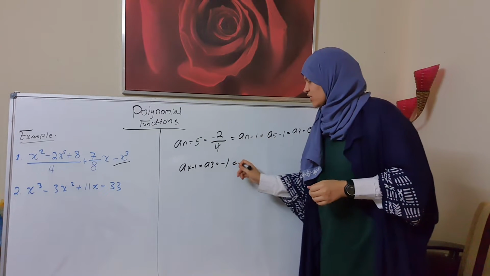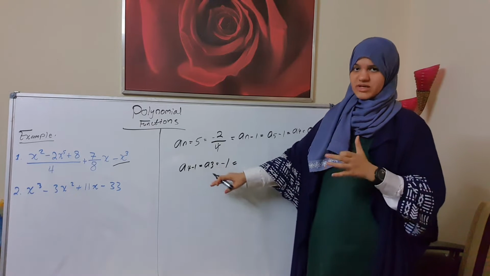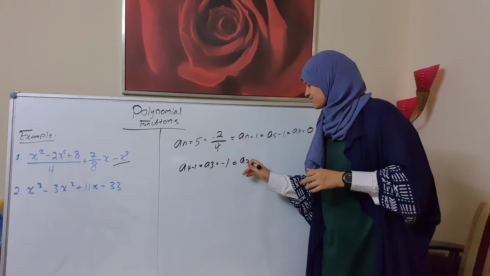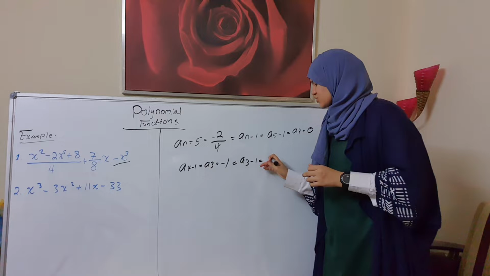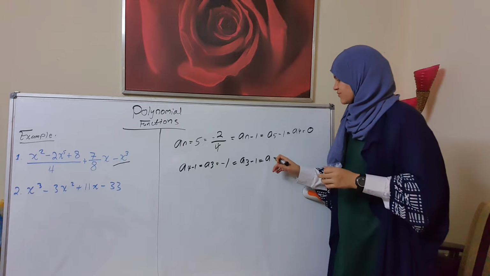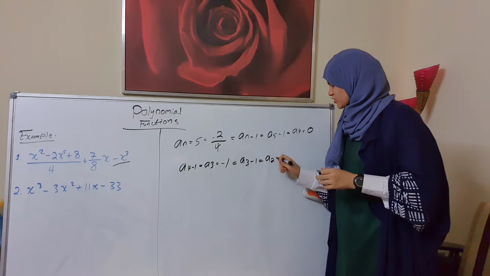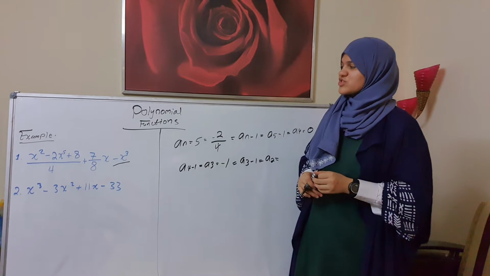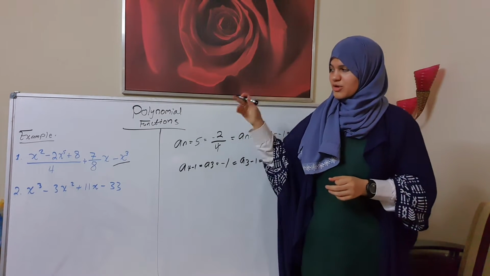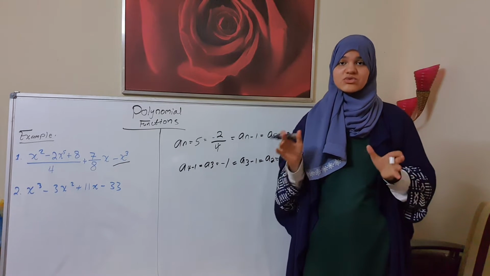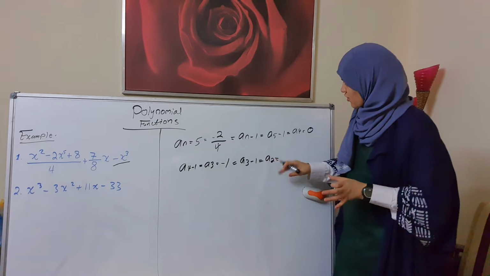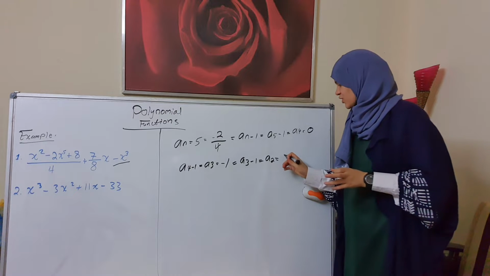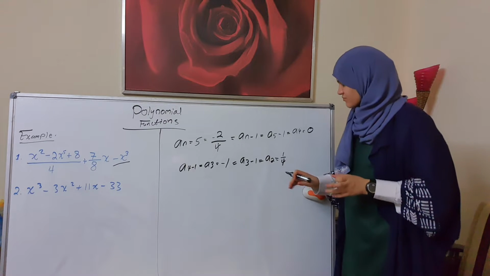After a3, we go to a3 minus 1, which is a2, so x to the power of 2. Do we have x to the power of 2? Yes, which is x to the power of 2 over 4, so it will be 1 over 4. So a2 is equal to 1 over 4.